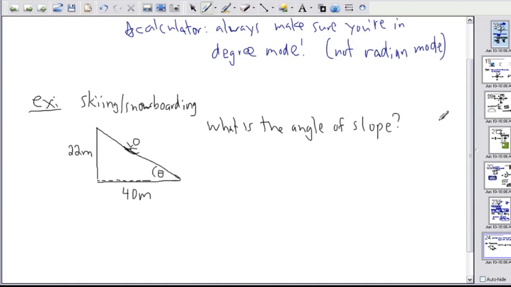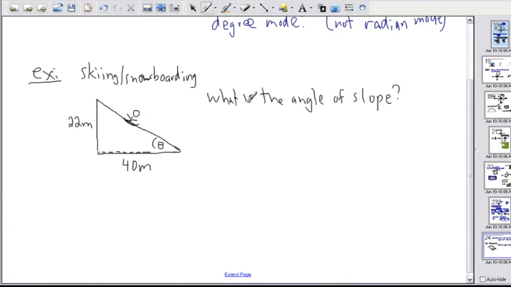Now we can easily use our tricks from before, so, ka, or toa. But first we have to know what to name these sides. First of all, which of these looks like the 90-degree angle? I hope you see it's this one right here. If that one's 90 degrees, this side over here becomes the hypotenuse, because it's the longest one, and the longest side is always opposite the 90 degrees.